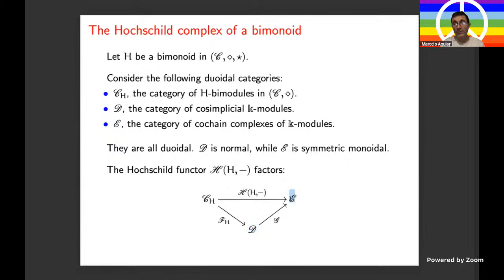And this is the category of cochain complexes, and this one is braided monoidal. Both of these are duoidal, but the crux of the matter is this functor that is only duoidal up to homotopy. So one has to post-compose with the projection to the category of cochain complexes up to homotopy. This is what I attempted to say very quickly before.